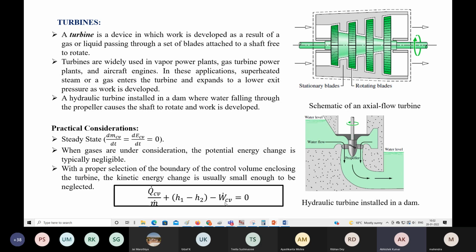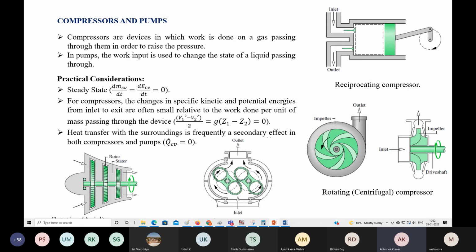Okay, so like that, and even different applications like compressors and pumps. So these are different pumps. Like this is a reciprocating compressor, this is a rotary compressor, this is a centrifugal compressor, this is a vane compressor, this is like the screw compressors.